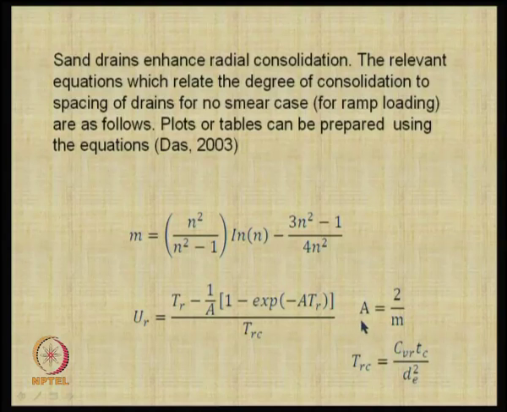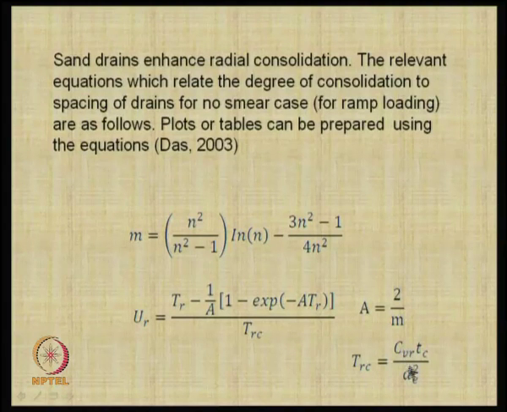You can see that this particular thing involves the term A, which is related to M, M again is related to N, and then you have TR, which is the time factor for radial consolidation.